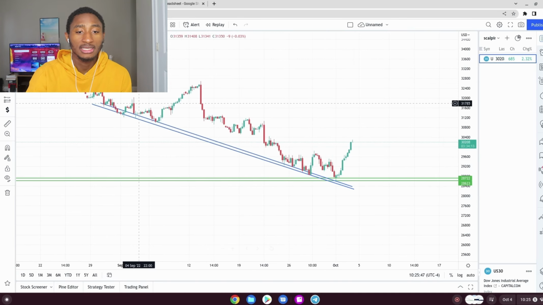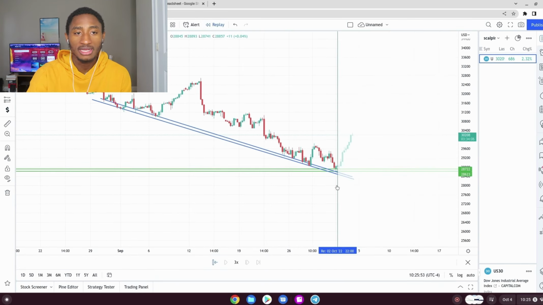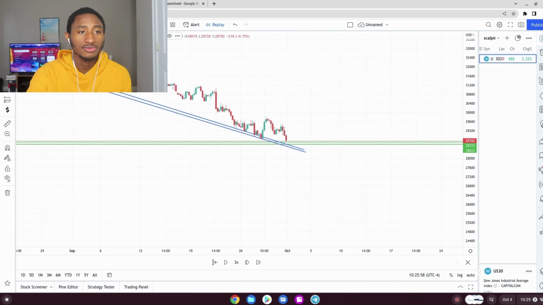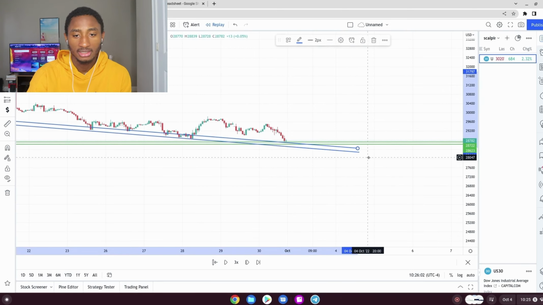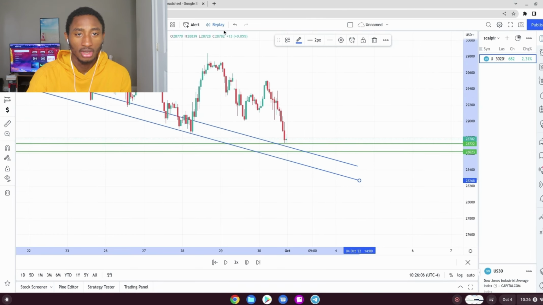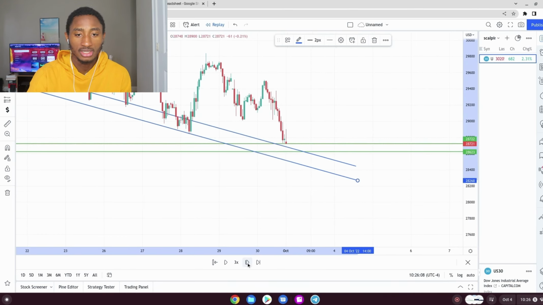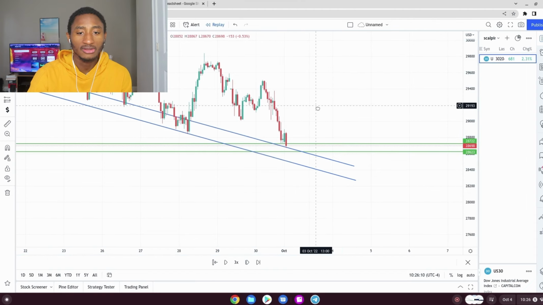So as you guys can see, there was this support level right there, a trend line. All I was waiting for was for the market to touch this trend line, something like this, because that's a lot of confirmation.